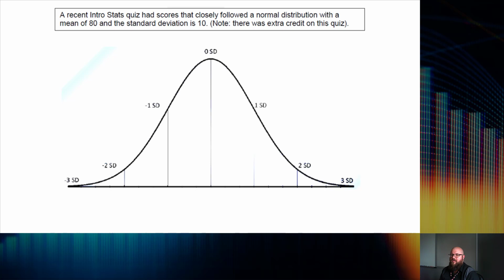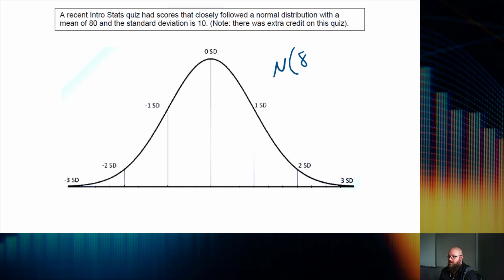On this setup, it says we have a recent intro stats quiz. It has scores that closely followed a normal distribution with a mean of 80 and a standard deviation of 10. There was extra credit on this quiz, and you'll see why here. To start out, we have our normal curve.